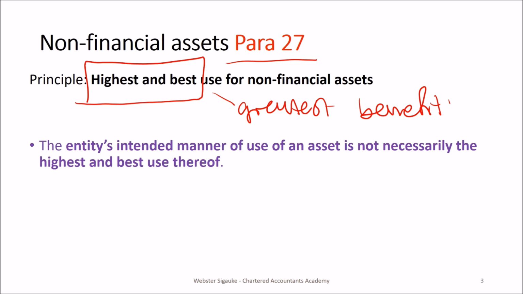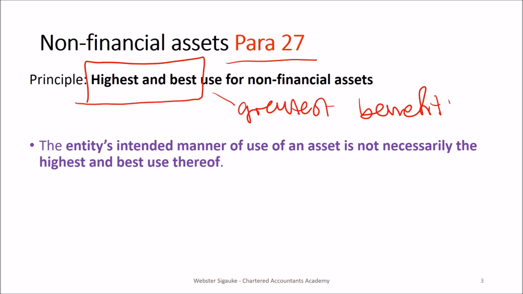So for example, I may have the building which I am in right now. This building, I can use it for lectures. I can use it for video productions. I can use it as well for a nursery. So the question is, if this building can be used for all those uses, which use gives the highest benefit?